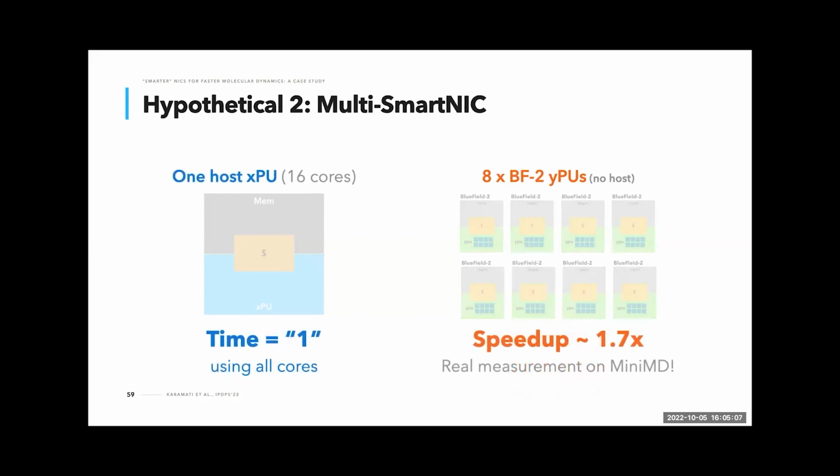So what happens when we run MiniMD with full parallelism on the two configurations? The BlueField 2 configuration is 1.7 times faster. This is a real measurement, not a modeled one.